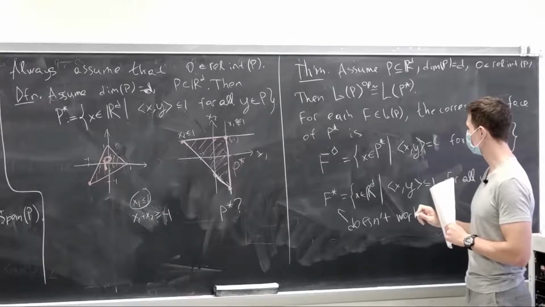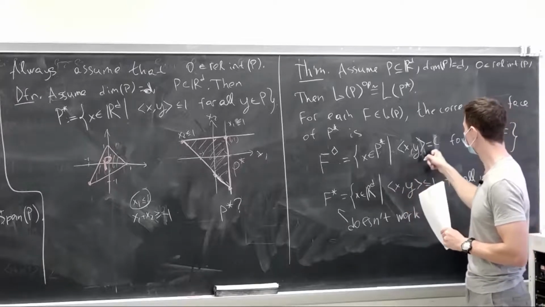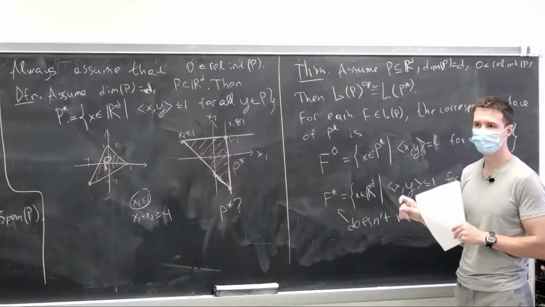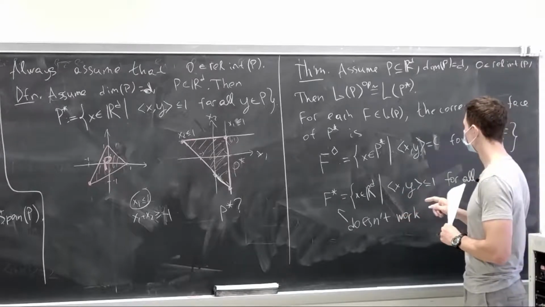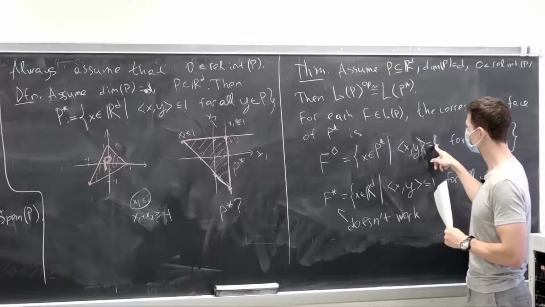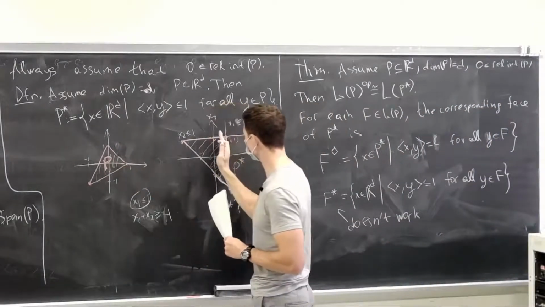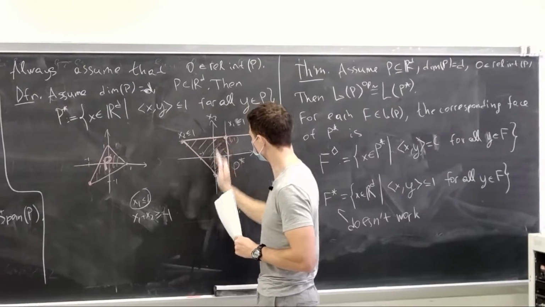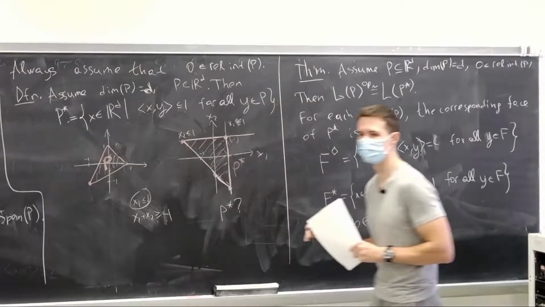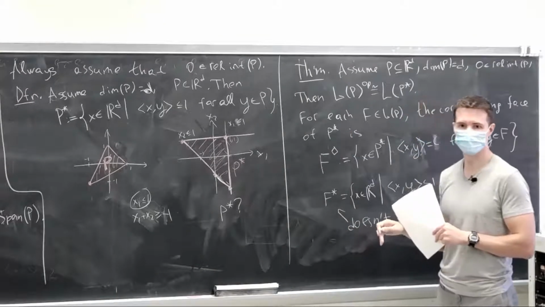Okay, that sounds plausible, right? What is the constant? Depending on the constant, let's say if your F is here, you're going to get different slices of your P star. Right? Which one of them is the face?